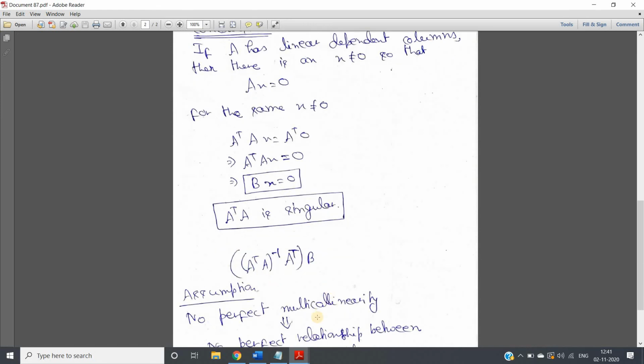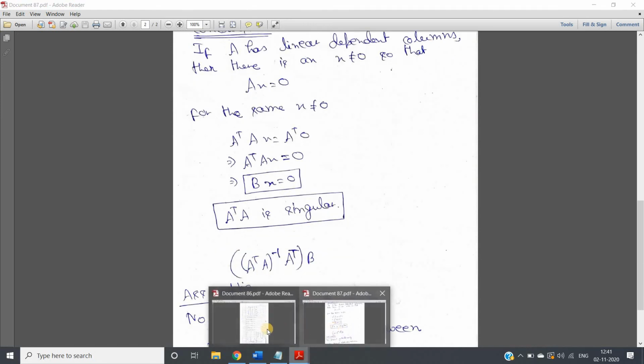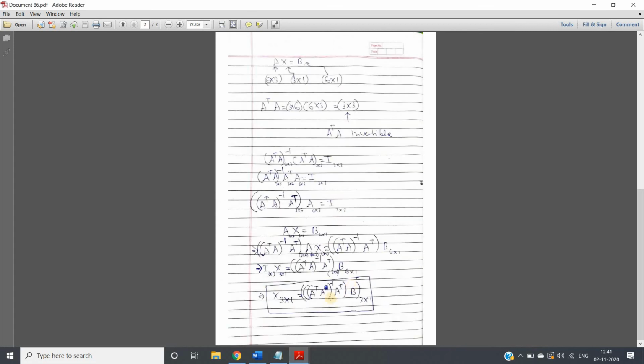And the formula we got for multiple linear regression involves A transpose A whole inverse. Now the conclusion is, if A has linearly dependent columns, then A transpose A is non-invertible or singular, or its inverse does not exist. So we cannot calculate the coefficients.